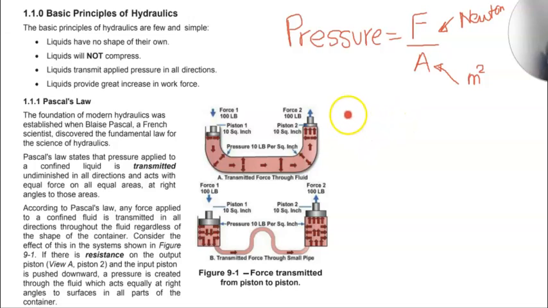Let's say the pressure is 57 Newton over millimeter square, and I want to convert it into an SI unit.